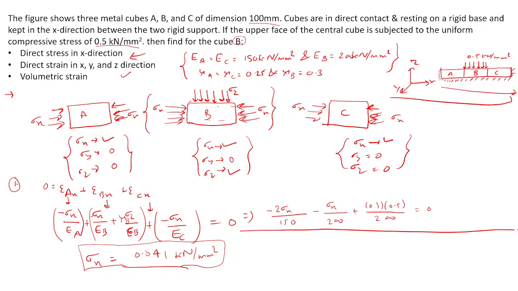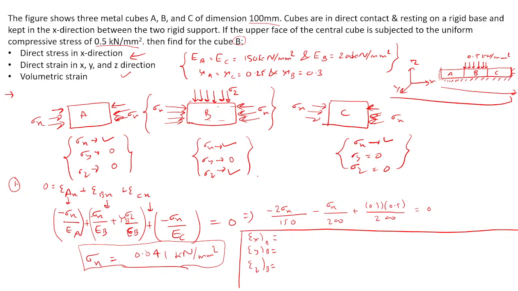So now what I'm saying, we have to find epsilon x, epsilon y, epsilon z for block B only. So what would be the epsilon x? I will just write its formula, and you let me know the value. If any problem is there, let me know and I will explain.